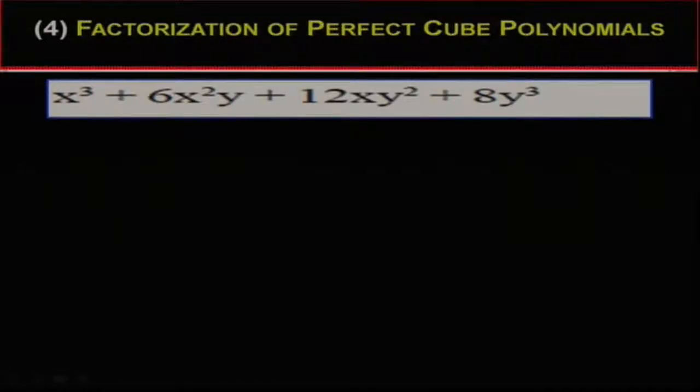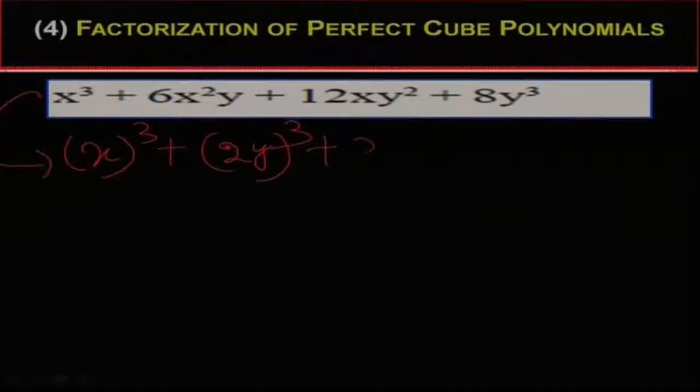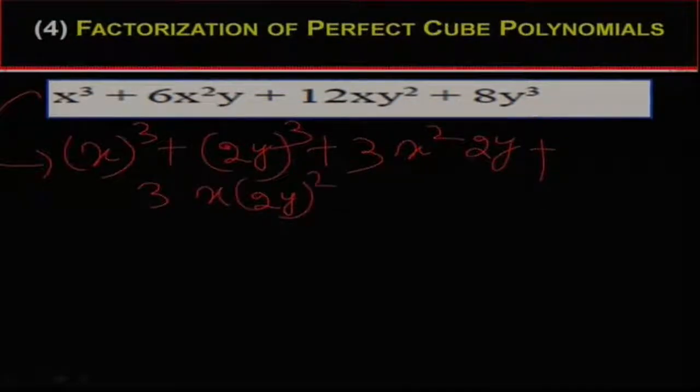So, dear learners, I can write this part simply as (x) whole cube, a cube; b cube means (2y) whole cube; plus 3a square b means 3x square into 2y; plus 3ab square, that means 3x, b square means (2y) whole square.